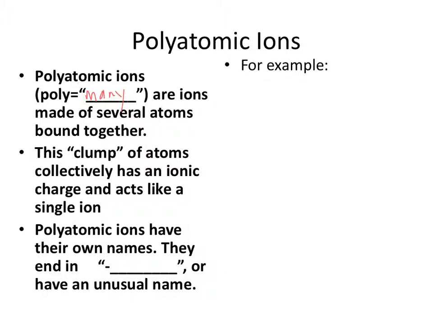Polyatomics have their own name. The ones that we're going to be dealing with generally end in "ate," or they're going to have an unusual name. And we'll go into them more. So for example, we have sulfate. That "ate" tells you it's polyatomic, versus sulfide. That "ide" would be just S2-. The "ate" tells us it's polyatomic. And what the ion is, SO4 2-.